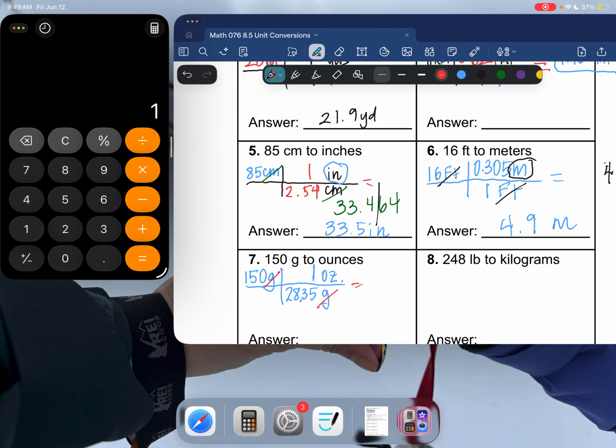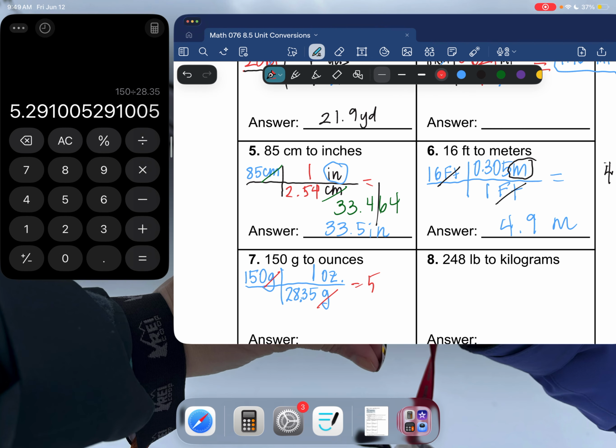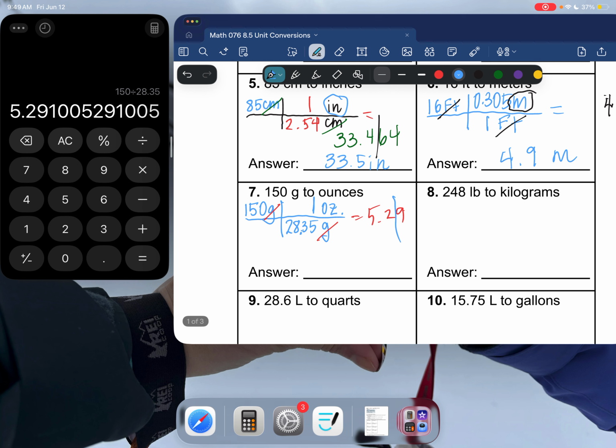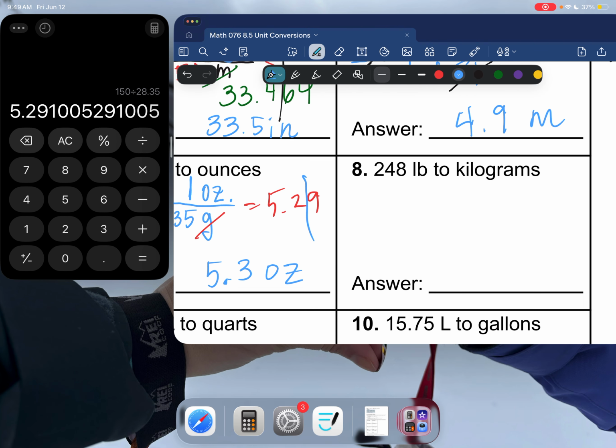My numerator is all the things in my top row, 150 times 1 divided by 28.35 gives me 5.29. And again, rounding to the nearest tenth. So am I rounding up or am I rounding down? I'm going up. I get 5.3 OZ, ounces. Okay, next up, pounds to kilograms.